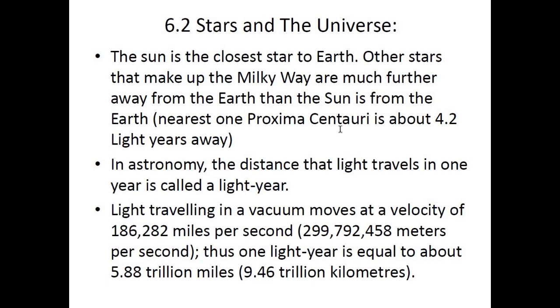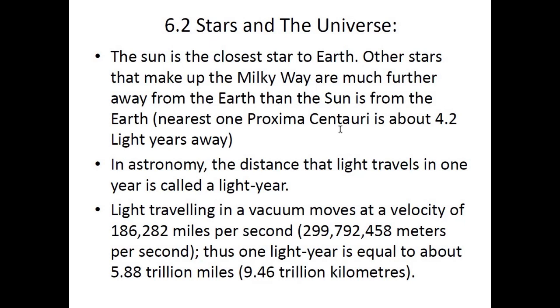Hence, for universal distances, we don't use meters or kilometers, the SI unit for distance. We rather use a unit known as the light year, which is equivalent to the distance traveled by a ray of light in 1 whole year. That would be something like 5.88 trillion miles, or 9.46 trillion kilometers.